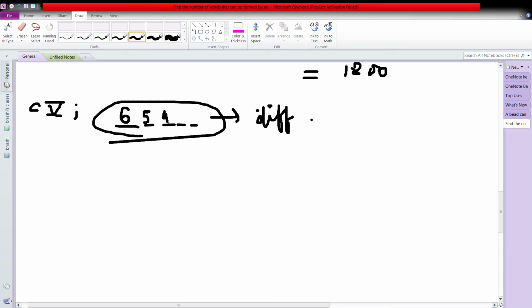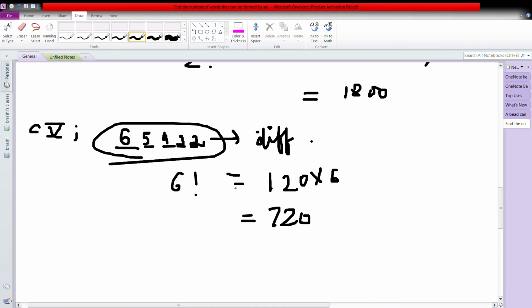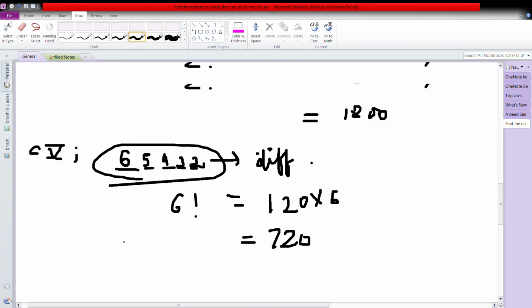We are getting 4 options for this place, 3 options for this place, and for the last place we will get 2 options. So easily we can get 6 factorial. If we know that 5 factorial is 120, then we can simply multiply it by 6 to get the 6 factorial, which is 720.